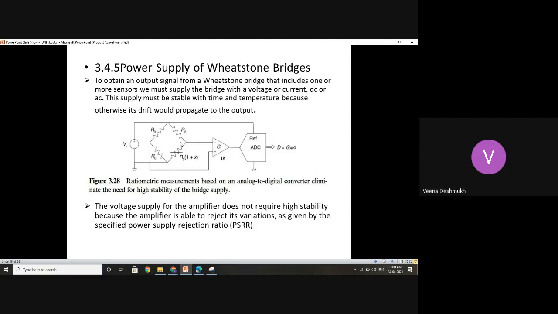So suppose consider a case where due to some reasons the voltage applied between these two junctions is varied, or it is varying due to power supply variations.